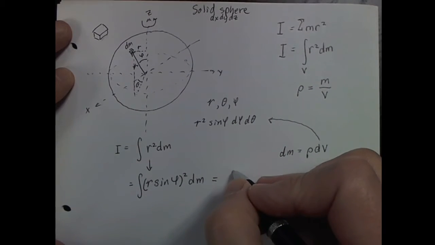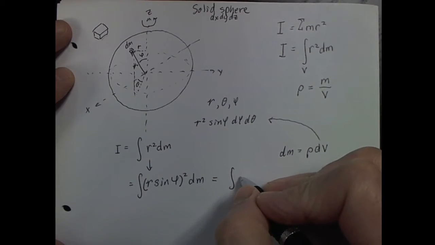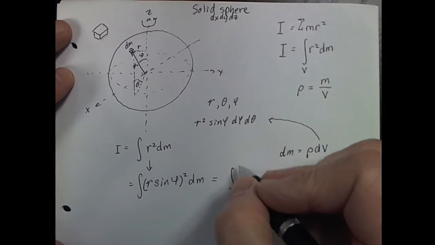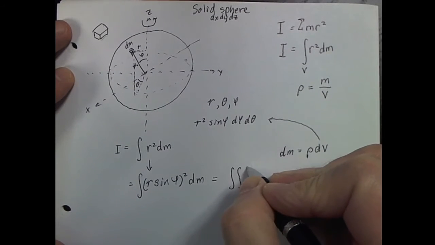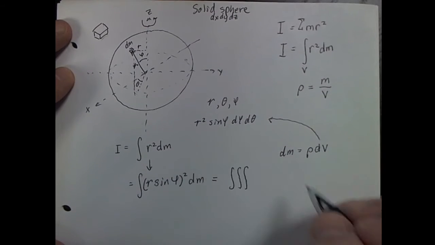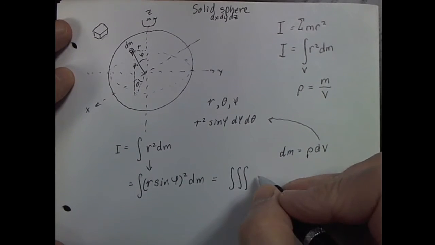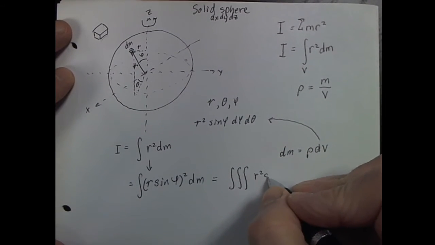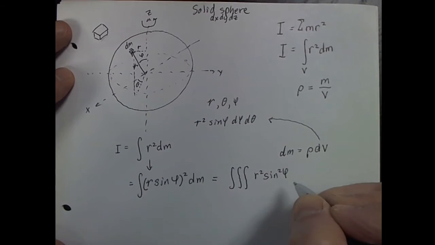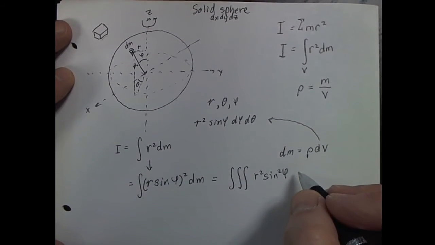So let's put that in. And seeing as I'm putting this in, I'm going to go ahead and put in the limits of integration for all three of those variables while we're here. So we have r squared sine squared phi, that's that squared, dm.